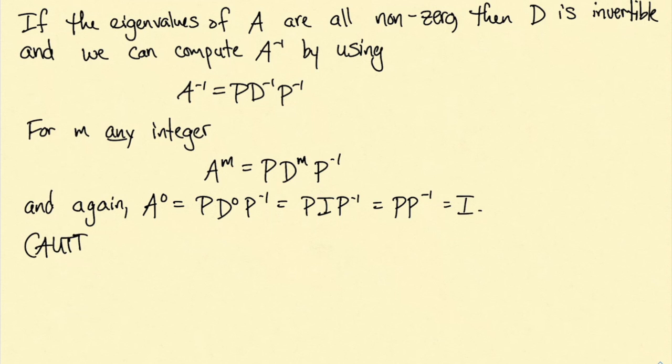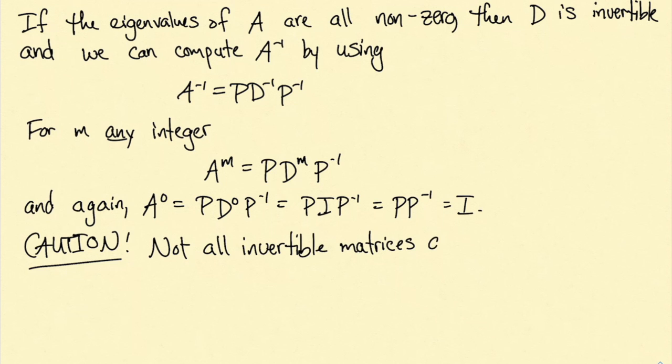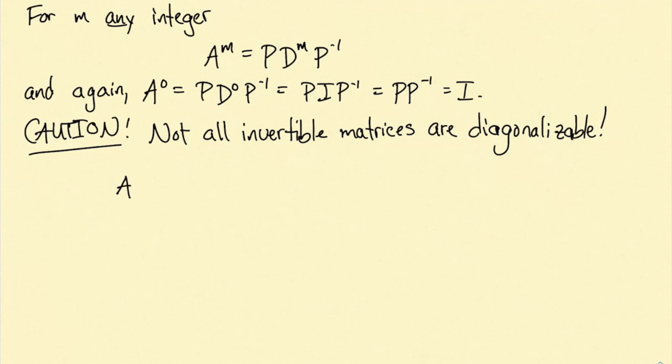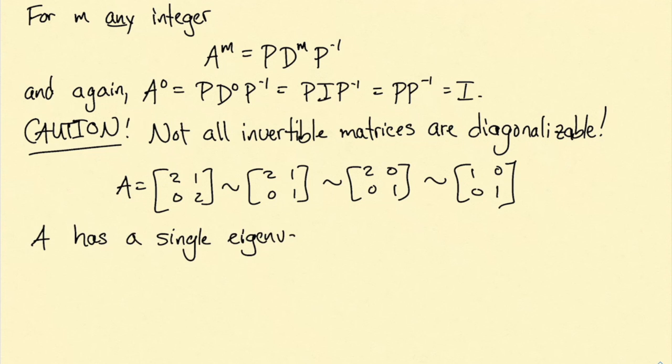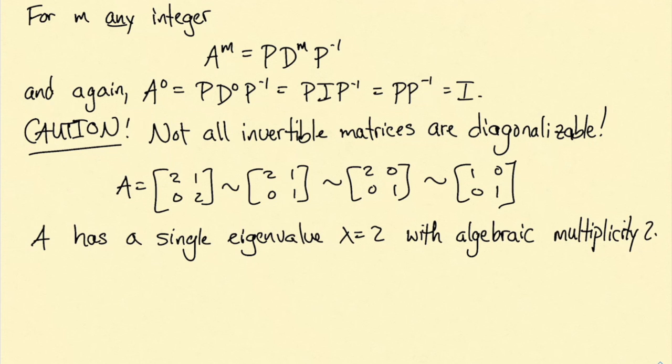Now, a quick word of caution. Not all invertible matrices are diagonalizable. This is a common mistake. For example, the upper triangular matrix with columns 2, 0, and 1, 2, we can see very easily is row equivalent to the identity matrix. So of course it is invertible, and we've already seen that this matrix has a single eigenvalue lambda equals 2 with algebraic multiplicity 2.